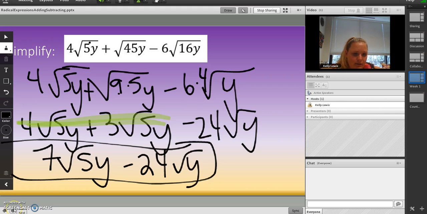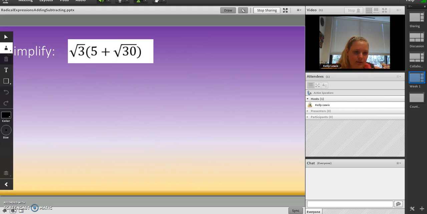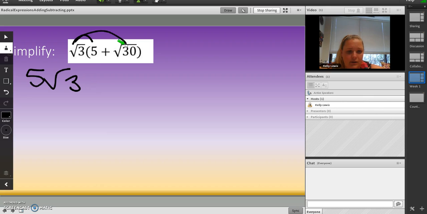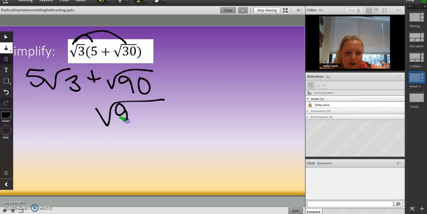All right, let's do another one like that. So let's multiply this out and see what happens. All right, so one's in jail, one's not in jail. So it's just going to be 5 square root of 3. And then here, plus, they're both square roots, so they can be multiplied. 3 times 30 is 90. 90, let's do 9 times 10.